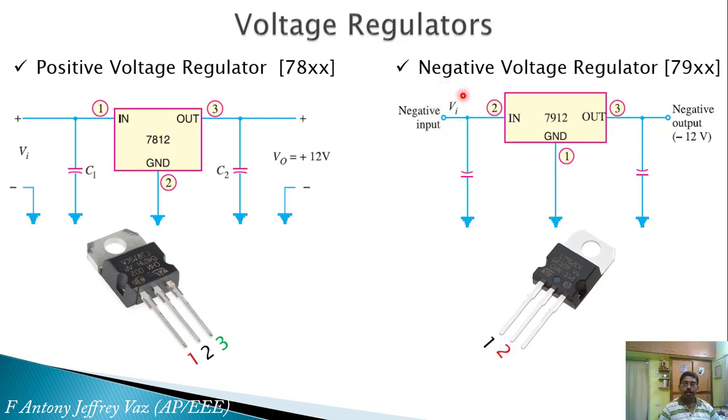You should give a negative voltage to the second pin, and the third pin is the output. These are voltage regulators. These voltage regulators are very useful in building electronic circuits where a constant voltage is required during the operation of electronic components.